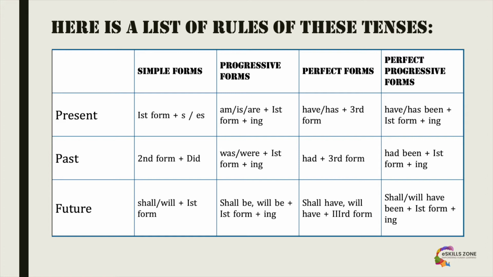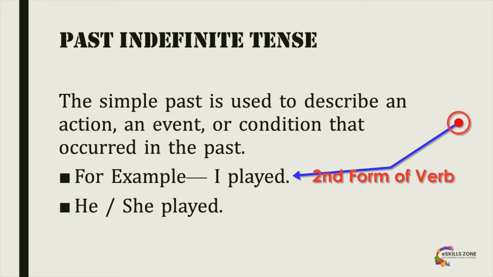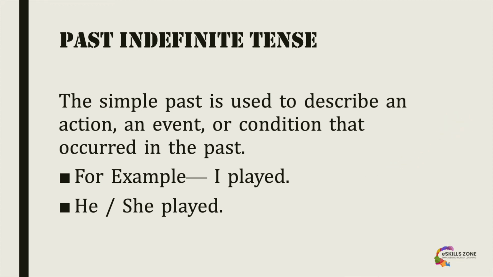For the positive sentence in past indefinite tense, we use the second form of the verb. To convert that positive sentence into negative, we use the first form of the verb with not.